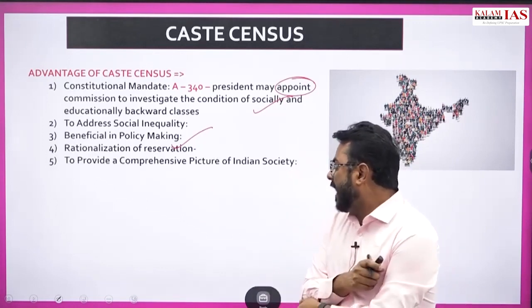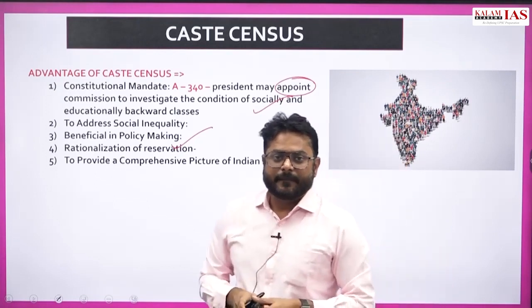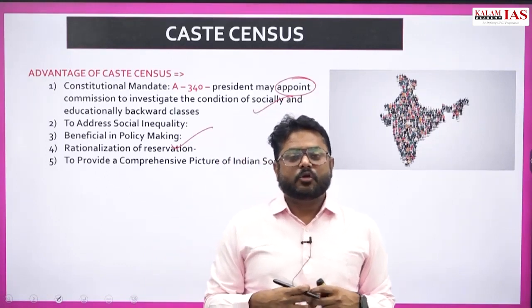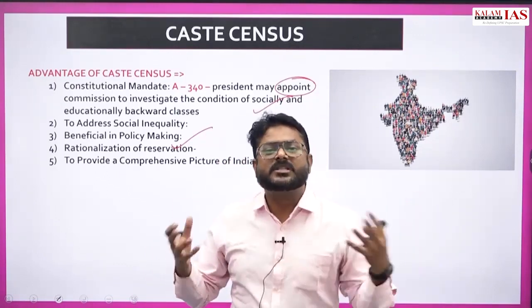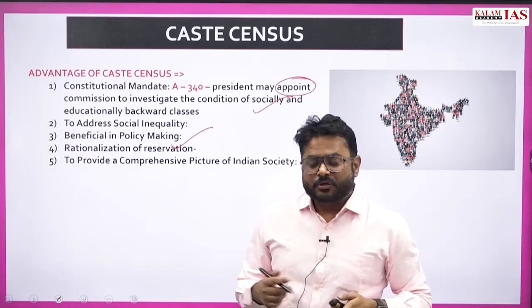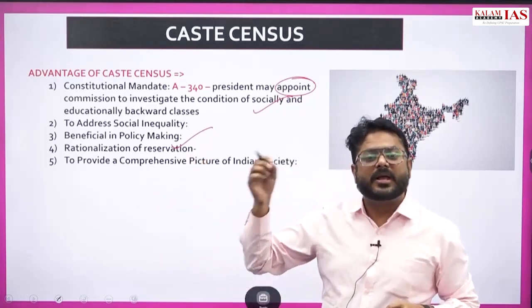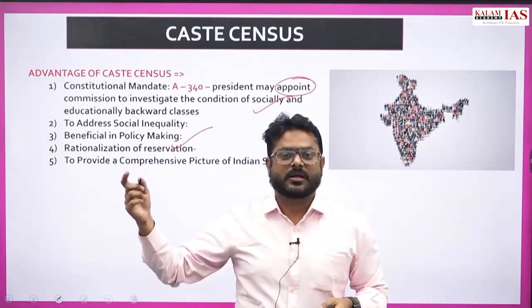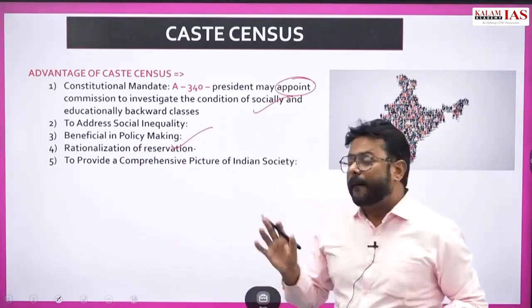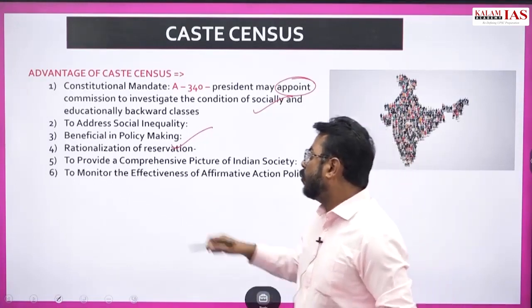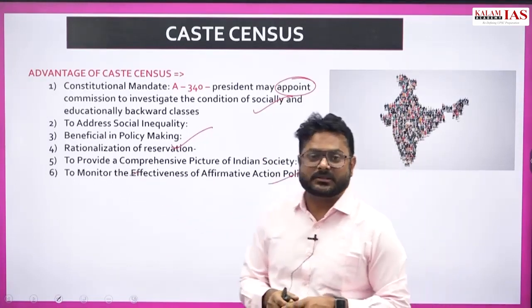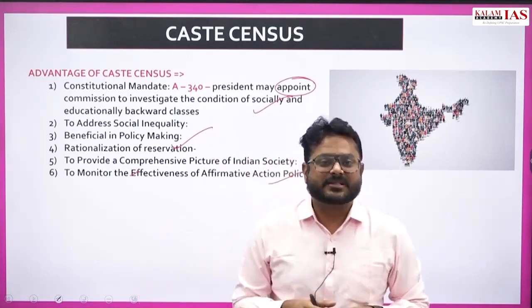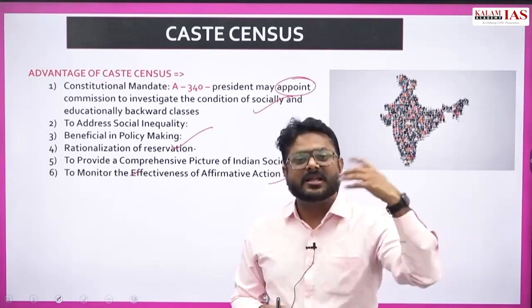Then it provides a comprehensive picture of Indian society, because इतनी सारी diversity है, right? You will be completely knowing the salient picture of our society. In that diversity you will be clearly able to understand which caste population is how much, right? All are the benefits. Then to monitor the effectiveness of affirmative actions, because the government takes affirmative actions, like Article 15 is there, Article 16 is there.